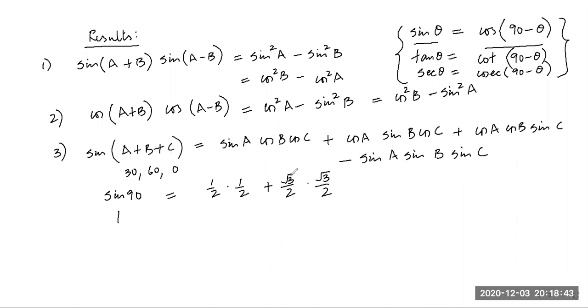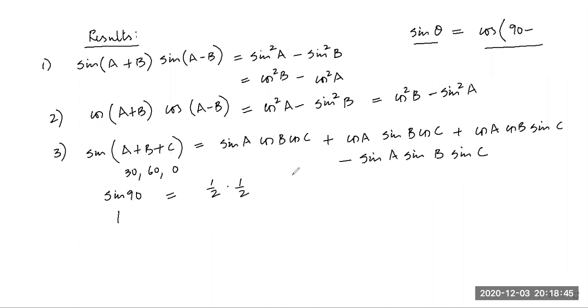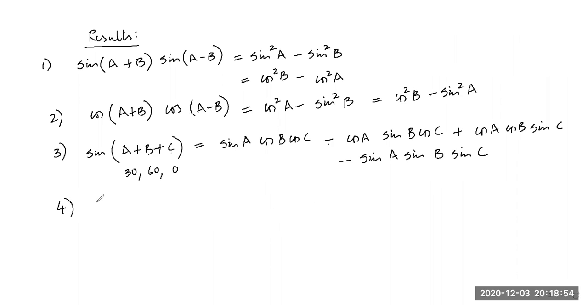All right. So now we'll be defining the next result, the fourth result. Now we similarly have a result for cos of A plus B plus C. This is equal to cos A, cos B, cos C. See, for sine A plus B plus C, it comes in the end, but for cos, this comes in the starting.